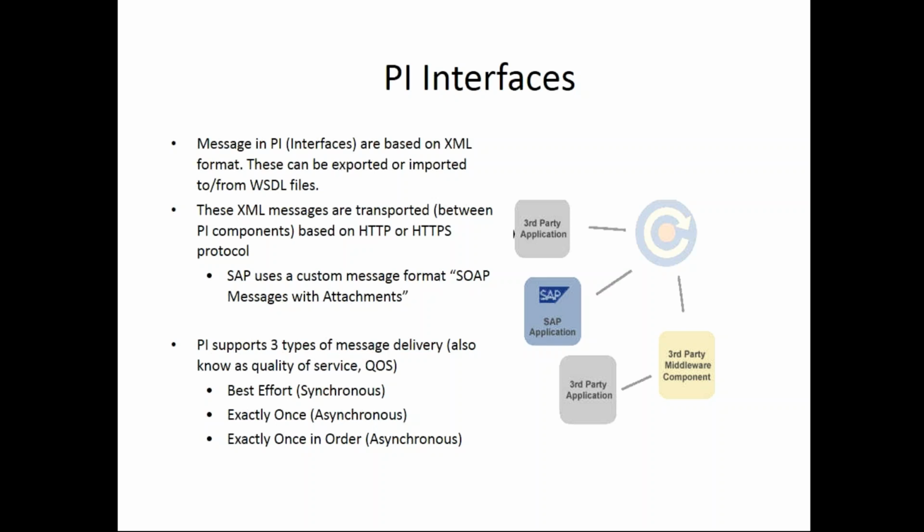Third step is converting the message to the receiver structure, which means the mapping. After converting to XML, you are converting the sender XML structure to the receiver XML structure. That is your third step. Fourth step would be converting that XML message into the desired receiver format.